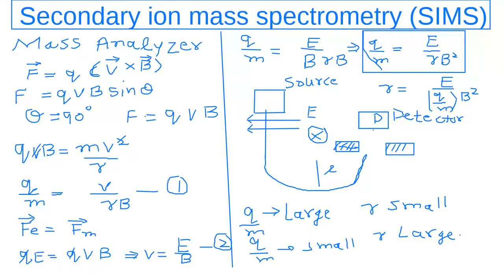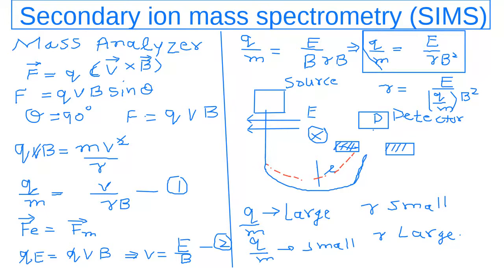If you have a larger value of Q by M, R will be small. So if R is small, what will happen? I'm just drawing it with the help of some red color, and the trajectory will go like this one. Next, let's do it in green.